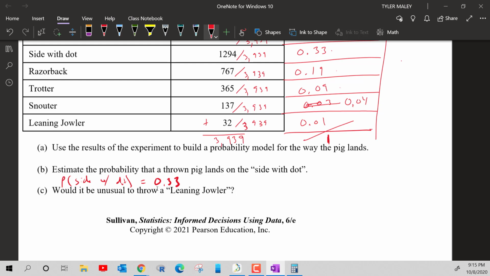The probability of getting a leaning jowler is about 0.01, which is less than 0.05. So yes, it's unusual. In general, remember, we often use probabilities less than 5%, 0.05, to be considered unusual.